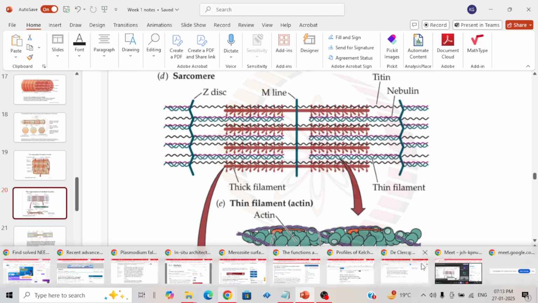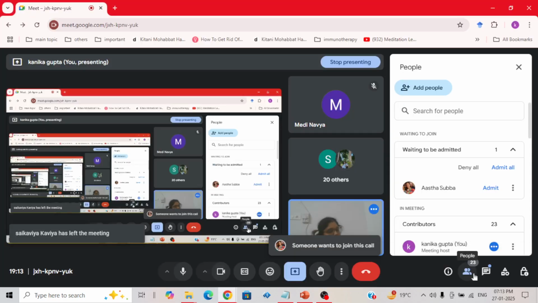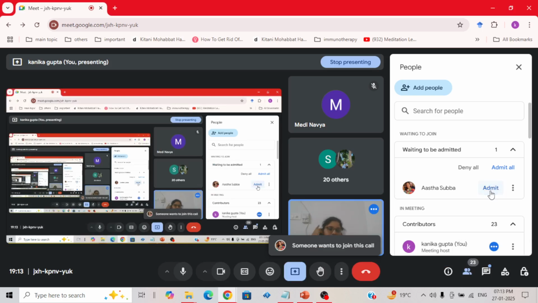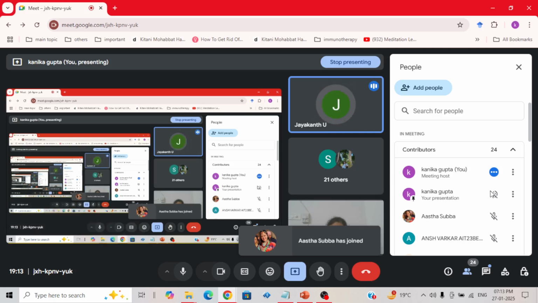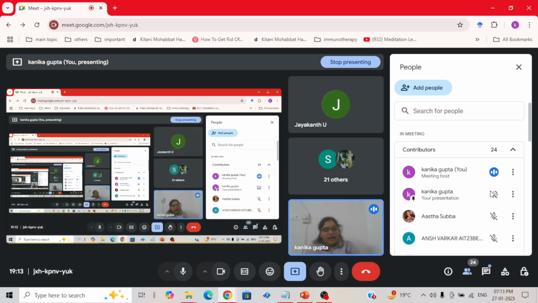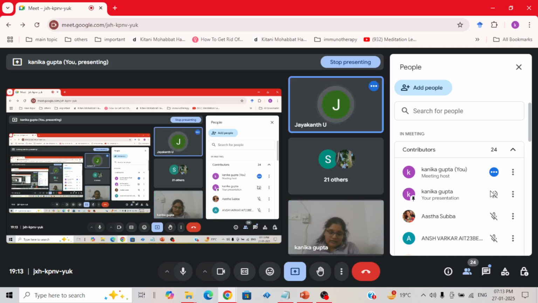What is the function of the Z disc? Can anyone tell me? To hold the actin filament, ma'am. To hold the actin filament, very right. Another thing is to stitch back after the sliding.